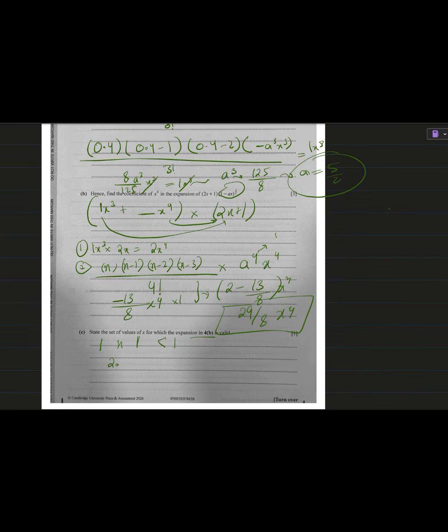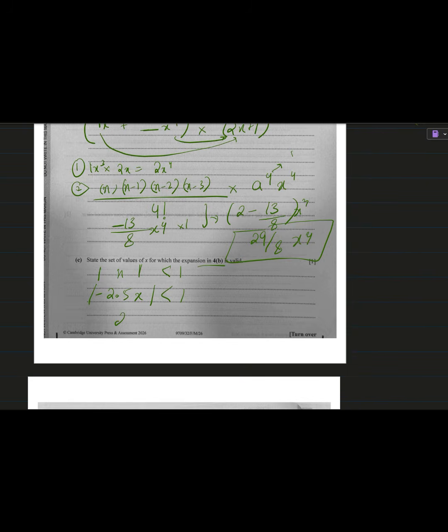So mod of 2.5x should be less than 1, since it's a mod, so the minus sign automatically doesn't matter. So 2.5x, or 5 over 2 x, is modulus less than 1. This goes on to that side, so modulus of x should be less than 2 over 5. We can either write it like that, or we can write it as x is greater than or equal to minus 2 over 5 and less than or equal to 2 over 5. Both are correct, and that's it for this question.